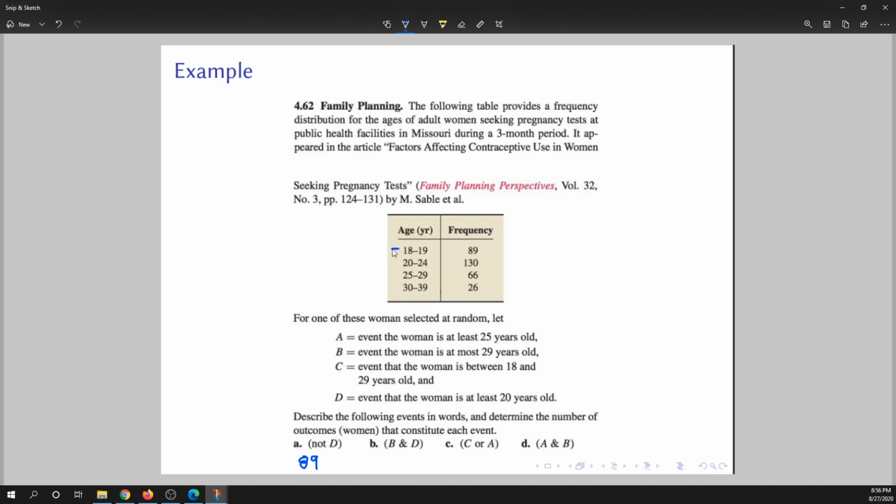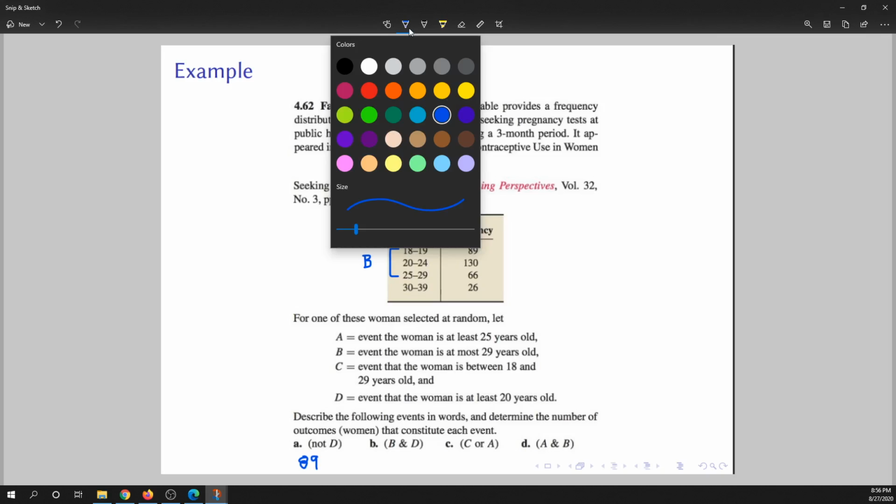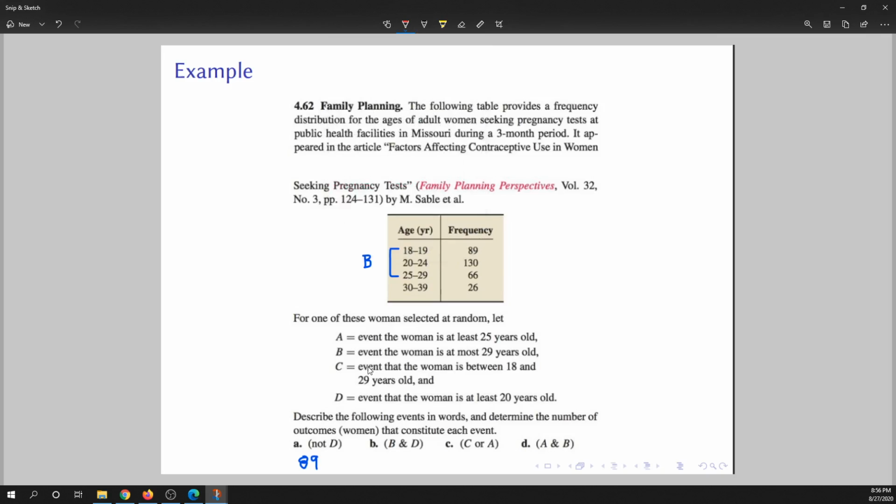So B would be this event right here. And D is the event that the woman is at least 20 years old, right? So D means 20 or older. So that is going to be all of these women here, in this age range right here. So that is D.